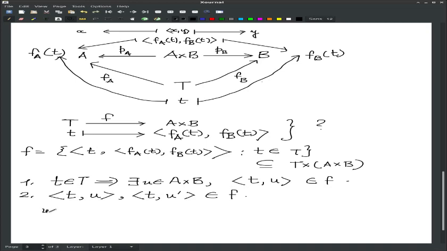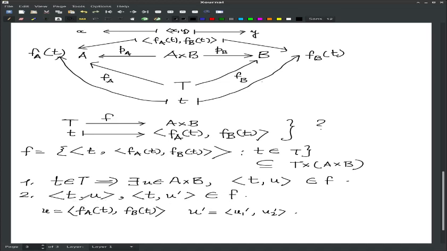So u is something like this. u is FAt, FBt, and let me say u prime is u1 prime, u2 prime.